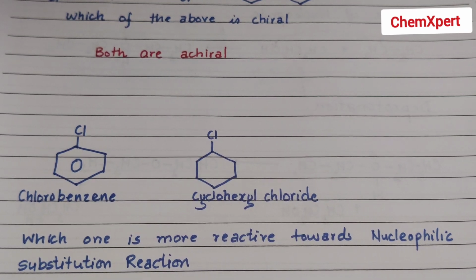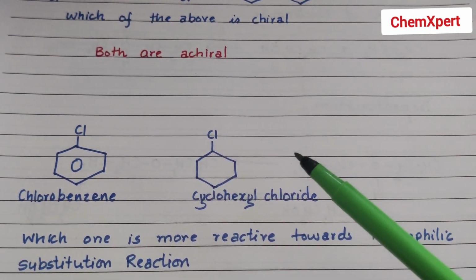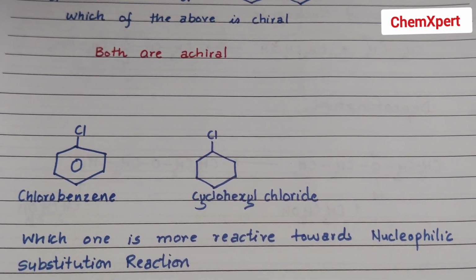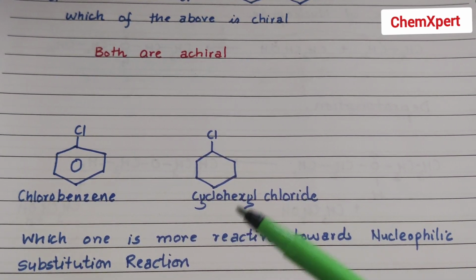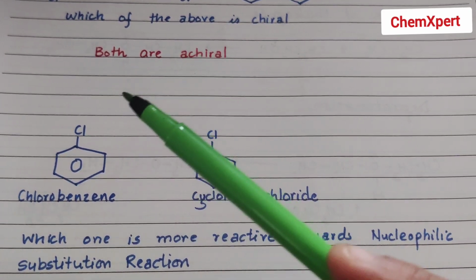Now the next, very important question which is frequently asked in the exam: out of chlorobenzene and cyclohexyl chloride, which is more reactive towards nucleophilic substitution? Generally haloarenes are less reactive.